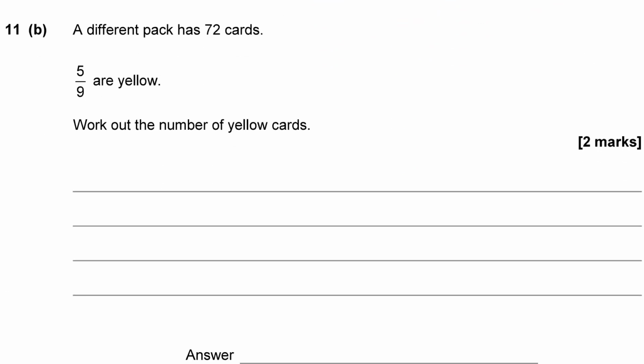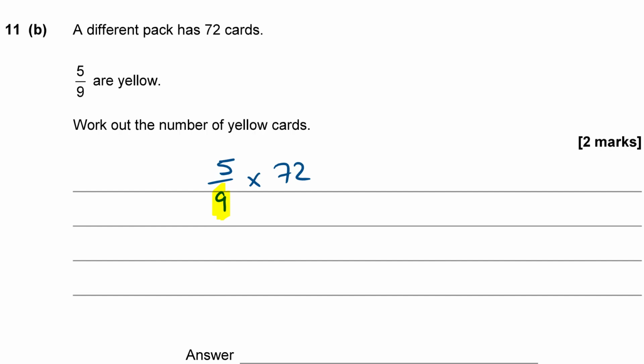Okay, 11b. A different pack has 72 cards. 5/9 are yellow. Work out the number of yellow cards. So we want to find 5/9 of 72. When we're finding a fraction of a number like that, we need to divide by the number on the bottom and then multiply by the number on the top.